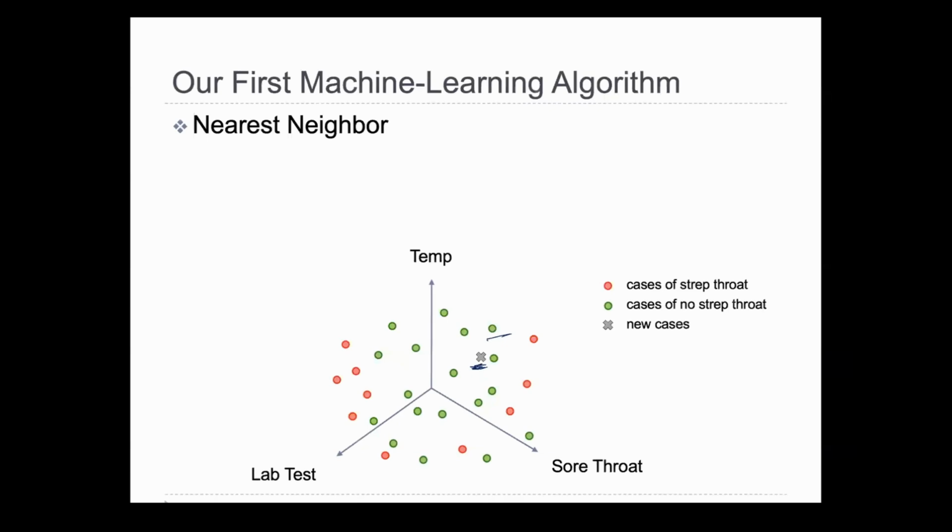Now, it will look at all the data points, calculate the distances, and pick the one with the lowest distance. In this case, this green one. The nearest neighbor algorithm assigns the same class as the nearest neighbor to the unseen data point. As the nearest neighbor is green here, the prediction on this unseen case will also be green.